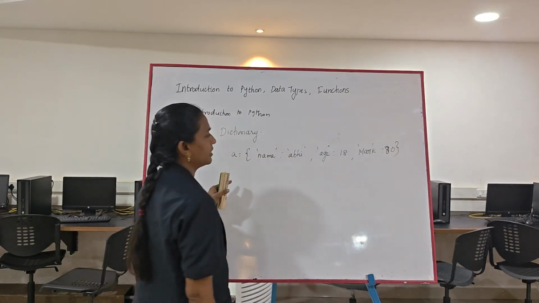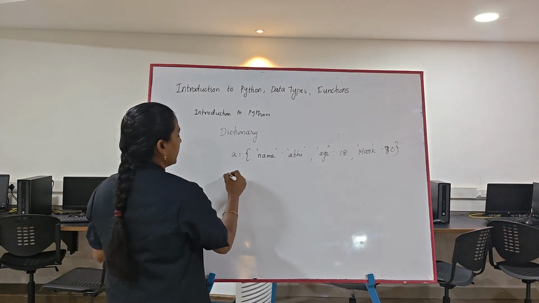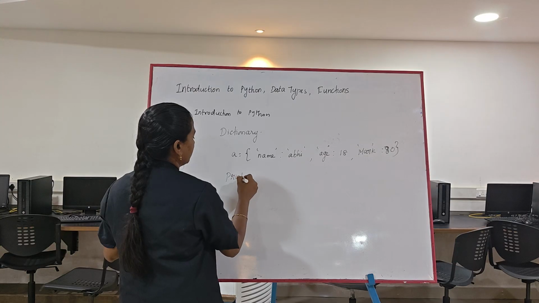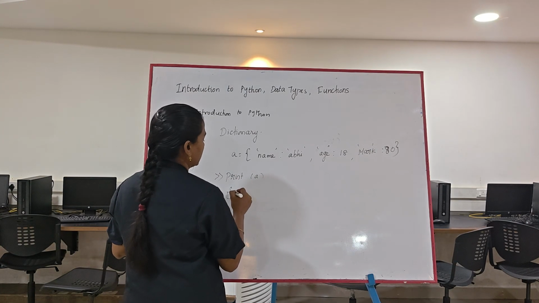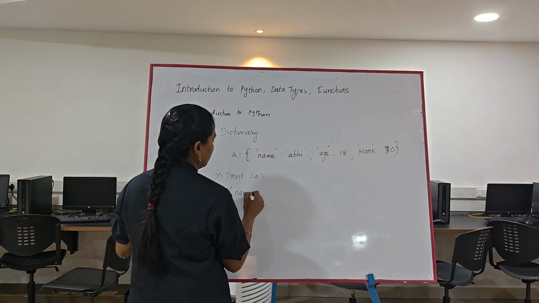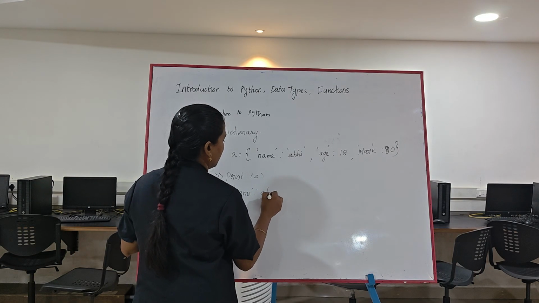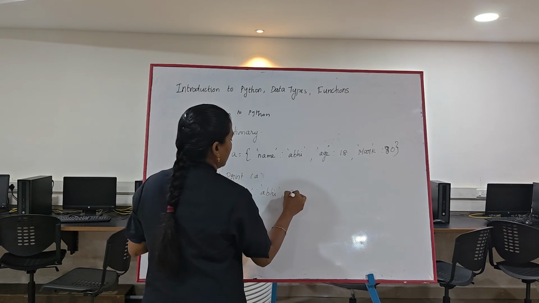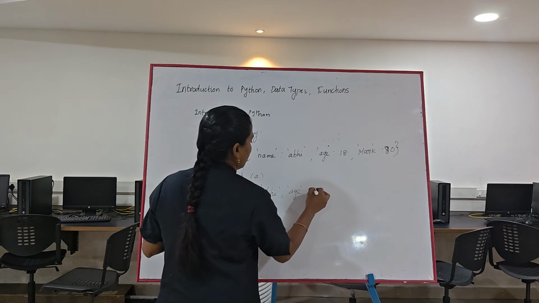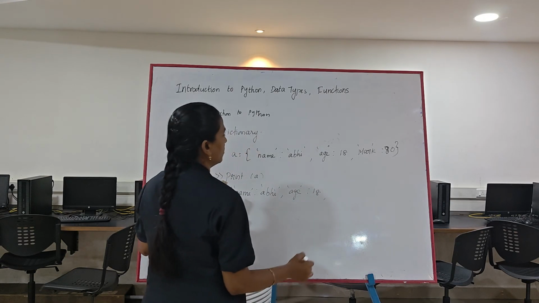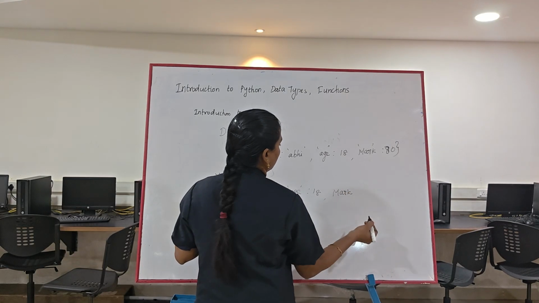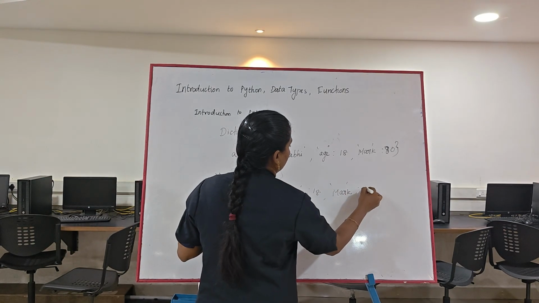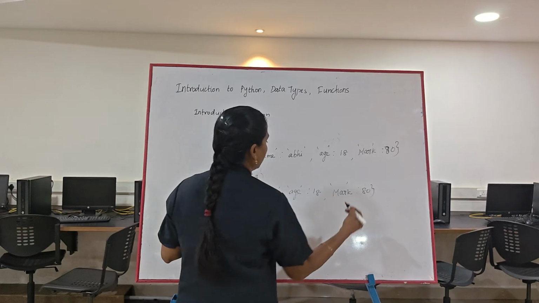So this is the dictionary we have created. If I give print of A, all the values will be displayed. Name, B, age, 18, next mark, 80. All the values will be displayed.